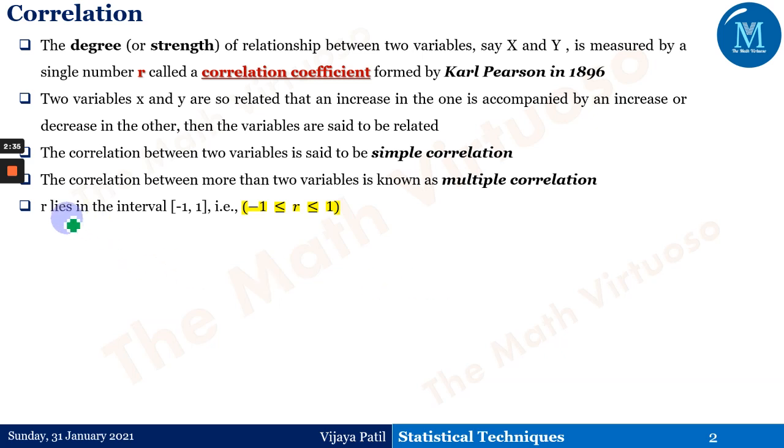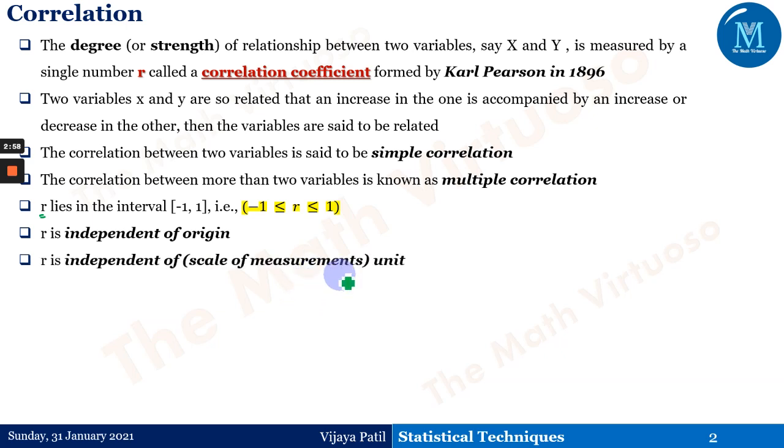Small r, the correlation coefficient, lies between -1 and 1, or as another notation, -1 ≤ r ≤ 1. r is independent of origin; there is no change if the origin of the data is changed. Then r is independent of the scale of measurement unit. That means, because small r is a number, it is independent of the unit.